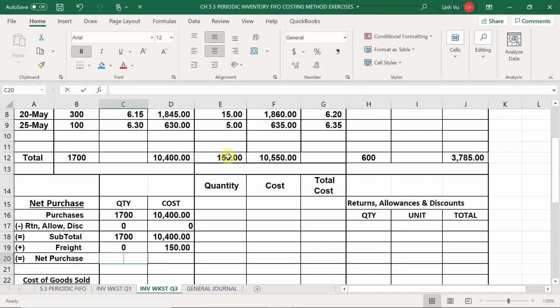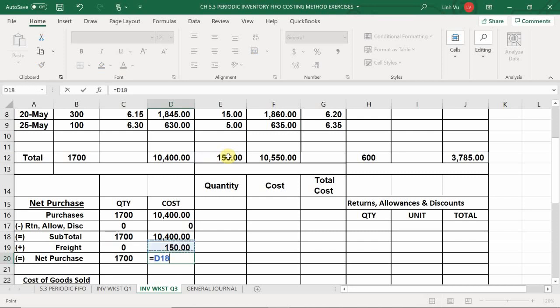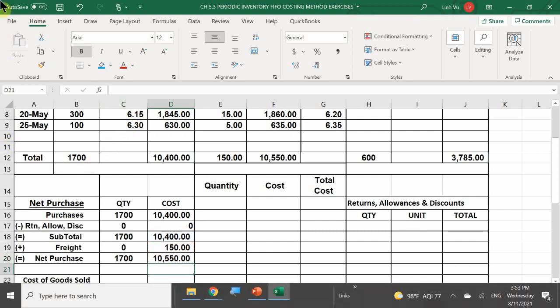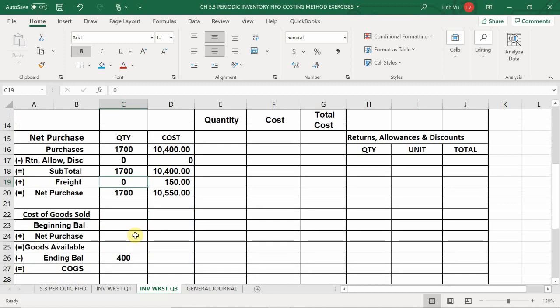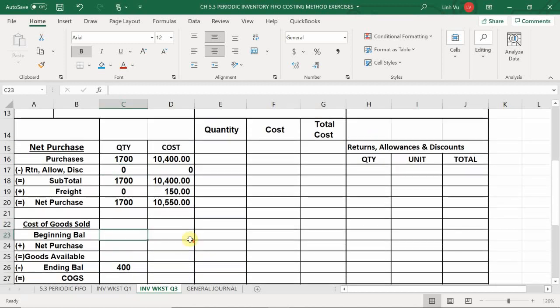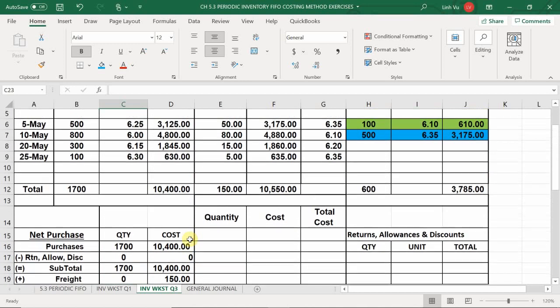What is my grand total of goods available? 3,785 plus 10,550 equals 14,335.